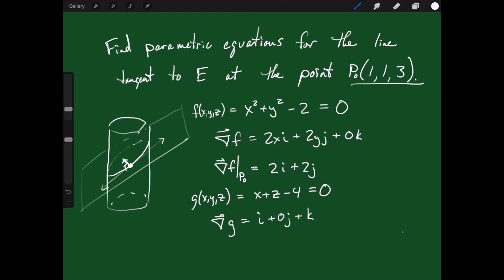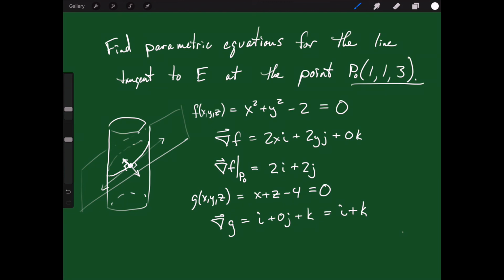And if I plug in my point, there are no x's, y's, or z's left. So I could just write this as i plus k. And i plus k is also normal to this thing. It's normal in a different direction, but maybe I'd draw it this way. And it's also normal to that tangent line.